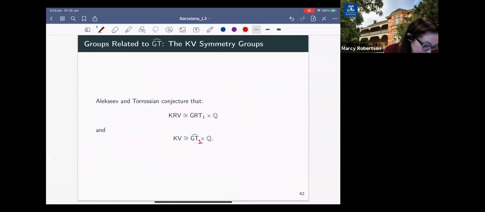This is that KRV is isomorphic to GRT cross a line. So they actually do this in Lie algebra form. So there's a semi-direct product there, but I'll just put this, being a bit sloppy. And similarly here, I think this conjecture was extended. So I'll put AET and AT for where you can find this.